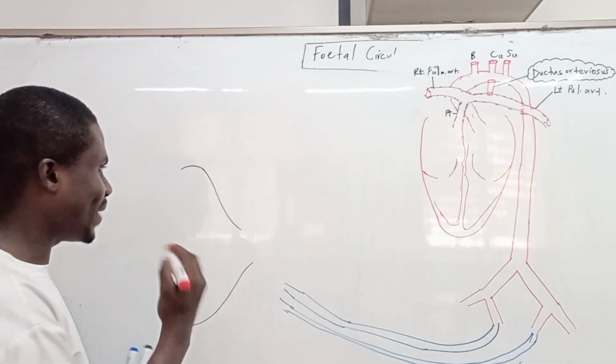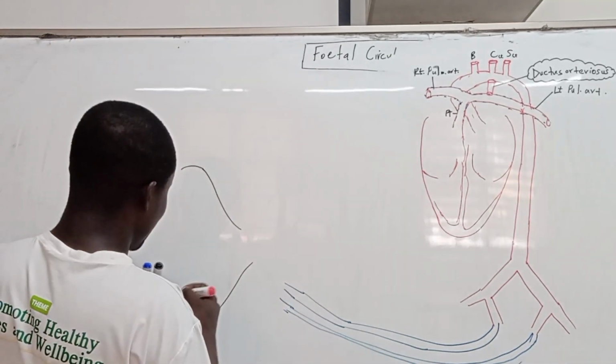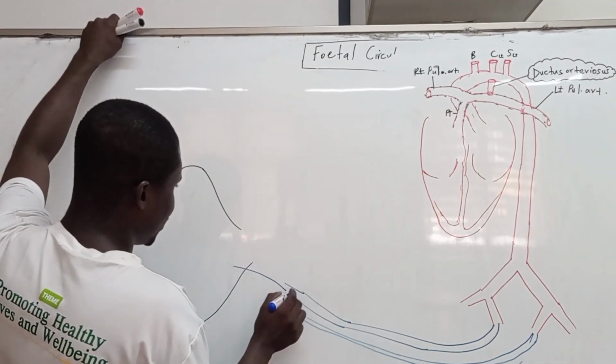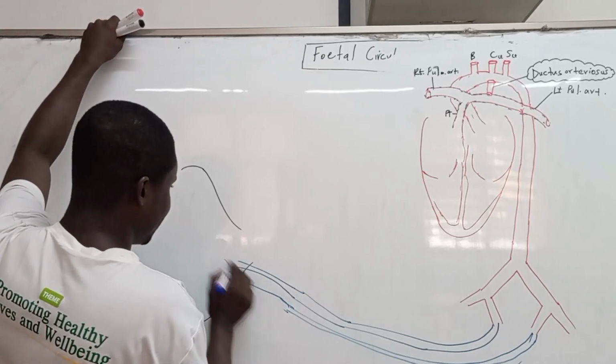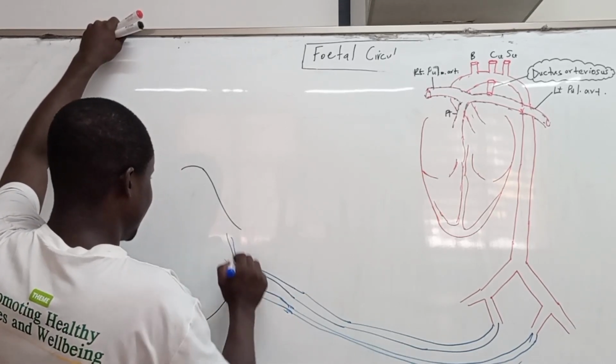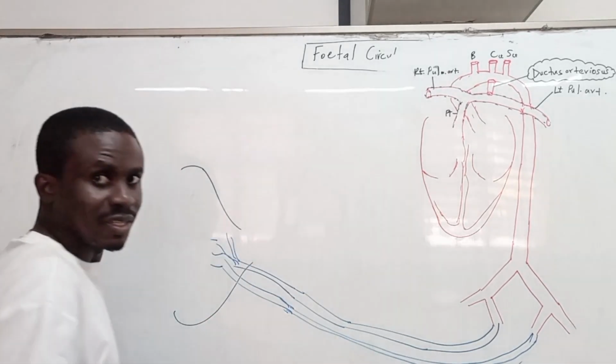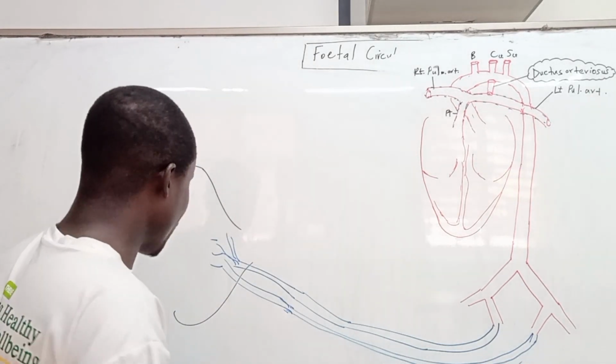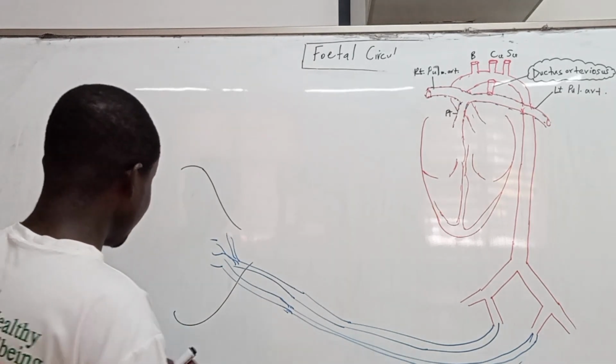Now what we see is that this guy will be coming all the way and then coming into this placenta, at the level of something called chorionic villi. Chorionic villi.